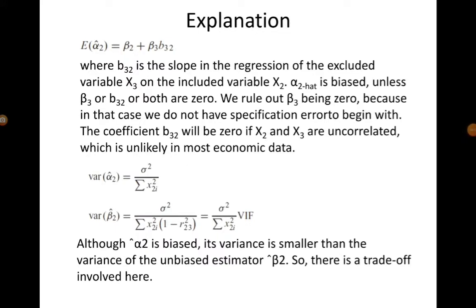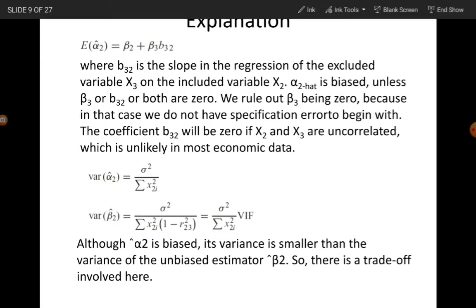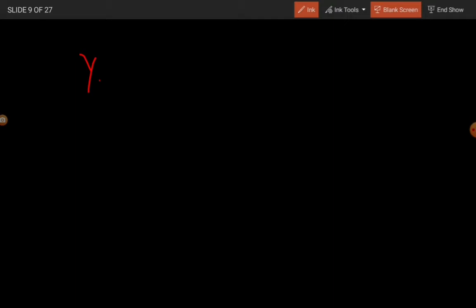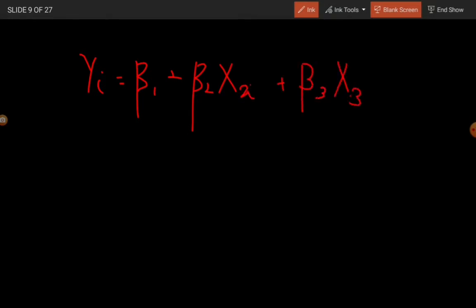Now let's look at the technical portion of the consequences. Basically, this is the technical explanation for the consequences. If you run the misspecified model, remember, your original model was yi is equal to beta 1 plus beta 2 x2i plus beta 3 x3i plus ui, right?